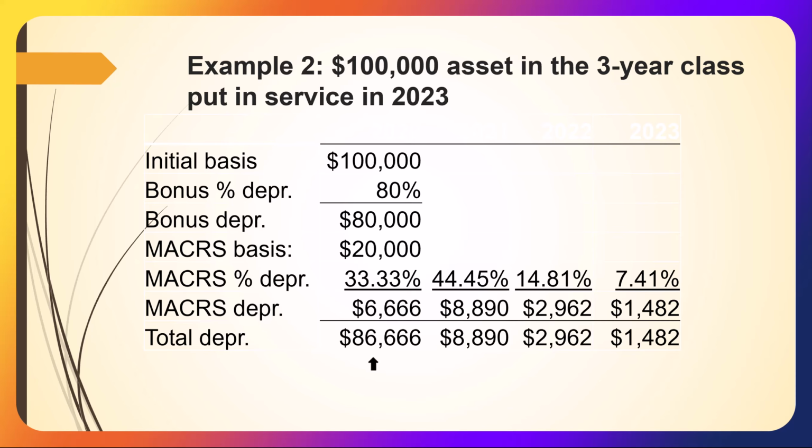So the first year's depreciation for this project is going to be $86,666. And of course, these remainder balances here are all based on the remainder basis, not the 100,000.